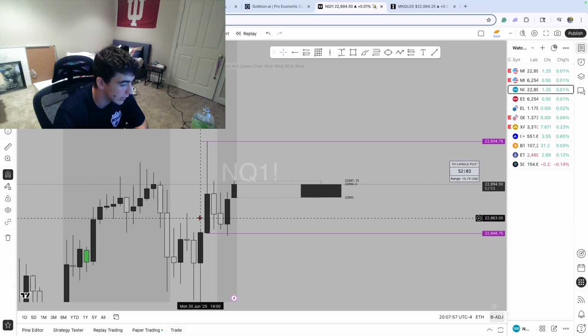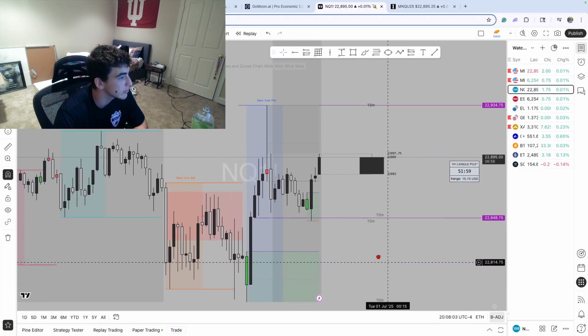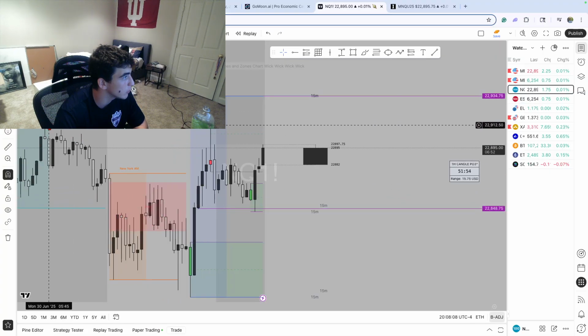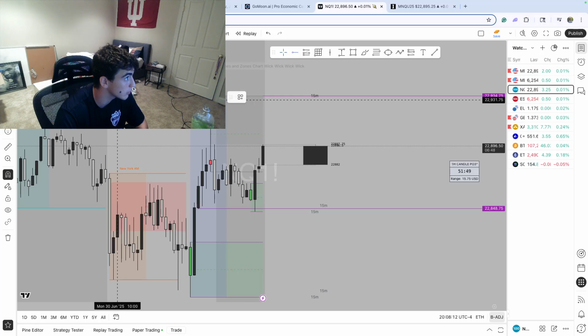So if we take our hourly candle and go all the way down into the 15-minute, you can see how it all unpacks. How this low created a new high which swept this previous high. All just liquidity concepts.